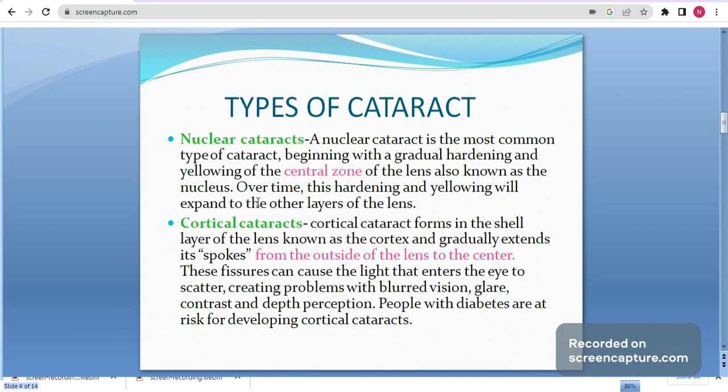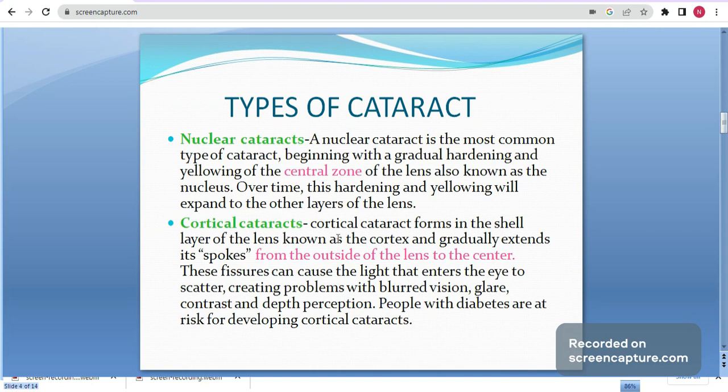Over time, this hardening and yellowing will expand to other layers of the lens. The outer part of the lens is called the cortex and the inner part is called the nucleus. When the hardening and opacification starts from the center part, it is called the nuclear cataract.